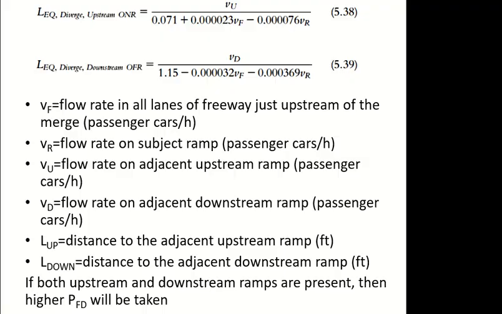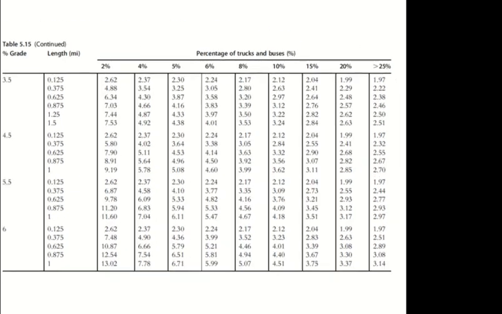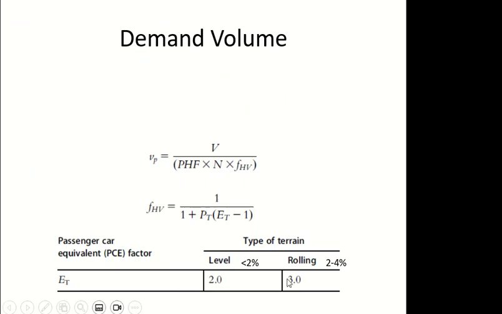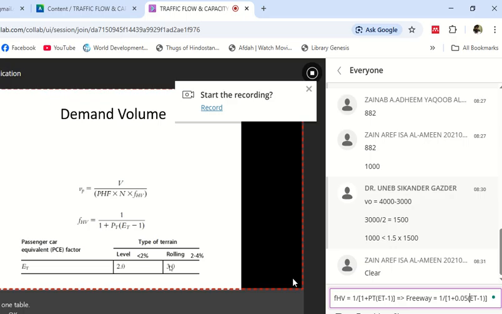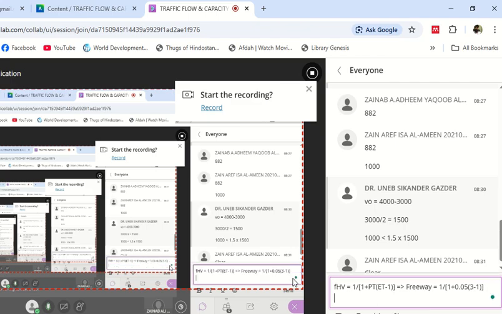I have a number of tables, but for rolling terrain I have this one. So rolling terrain ET is 3. This is for the freeway, and for the ramp, it is 10% trucks.